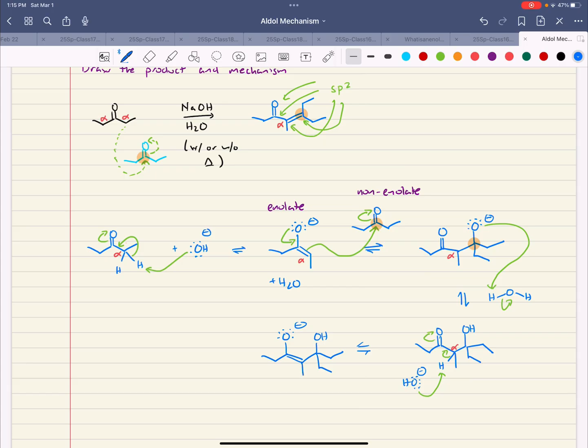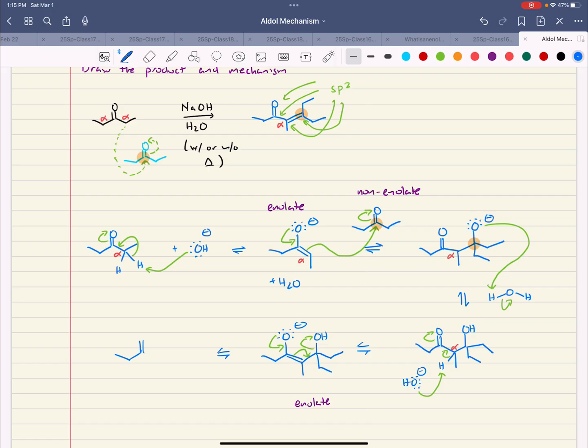By paper, it would have been awesome to make that and then kick this out, but that's not how it works in real life. There's evidence that you form another enolate intermediate. And then we eliminate the OH minus. It's an unusual mechanism. We are doing a dehydration.